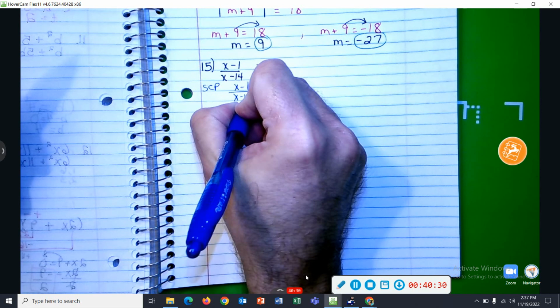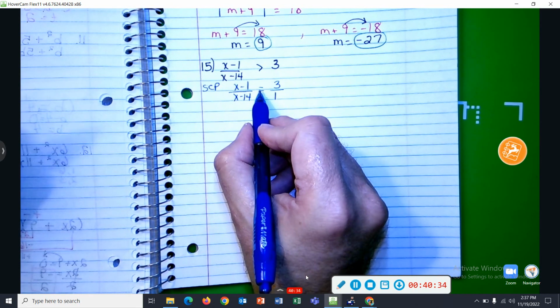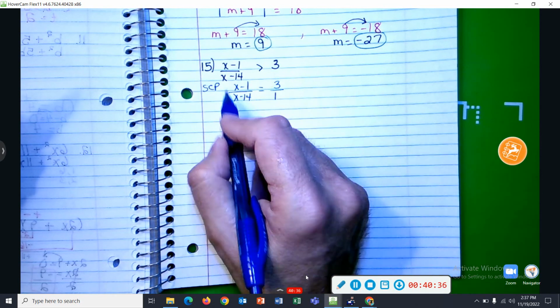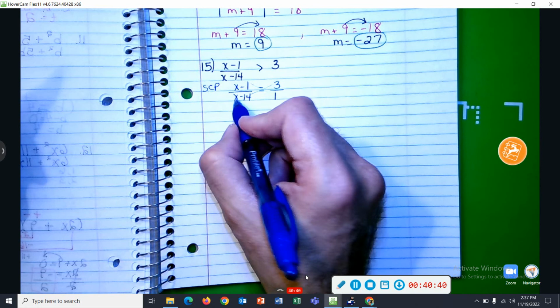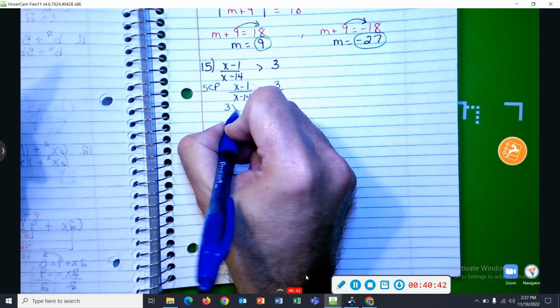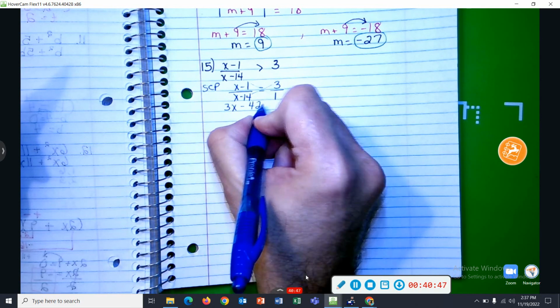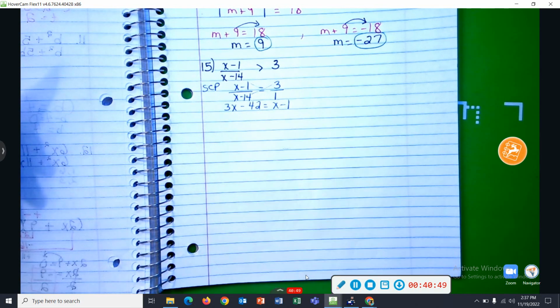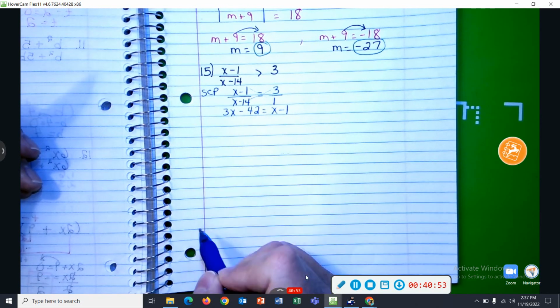To find the solution cut points, you put an equal sign and then just solve it as an equation. I think I'll just cross multiply. I'll have 3x minus 12 plus 30, 42 equals x minus 1. And now isolate the x.